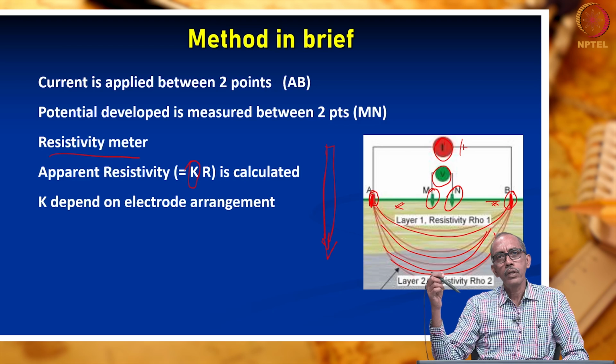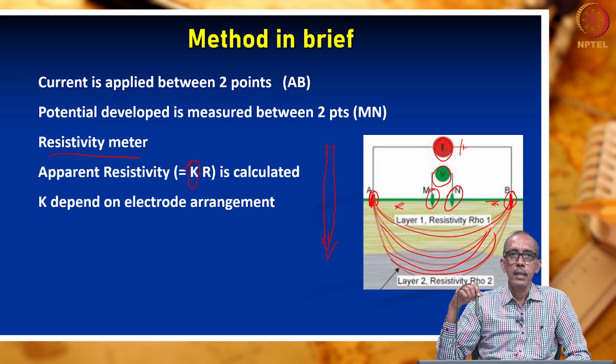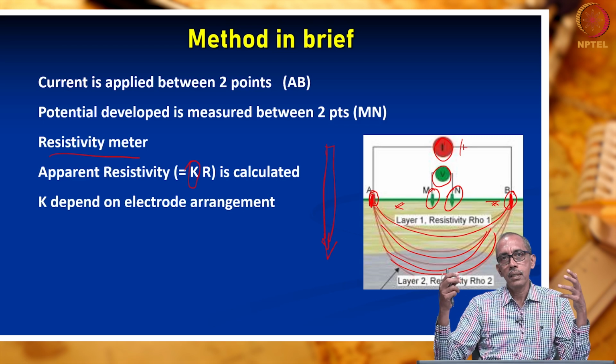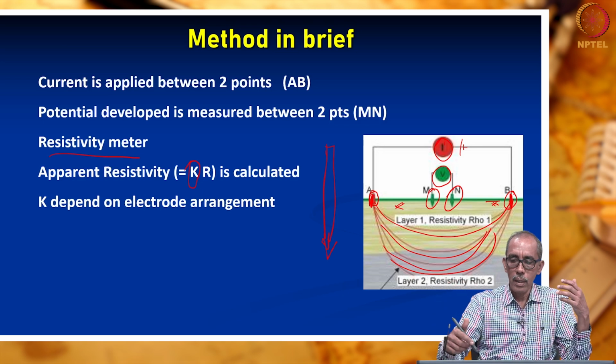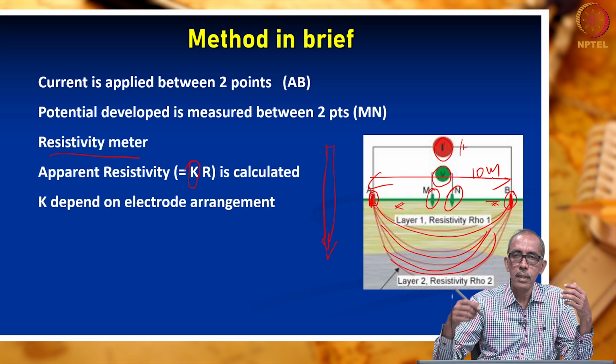Now where are we going to place them? In this picture, this is A and this is B. Each one of us can use different distances between them, isn't it? So the value of resistance which we are going to measure will vary. For example, let us assume A and B are at a distance of 10 meters.